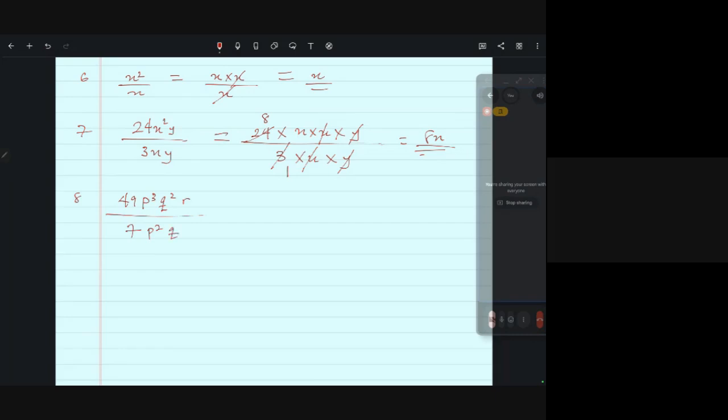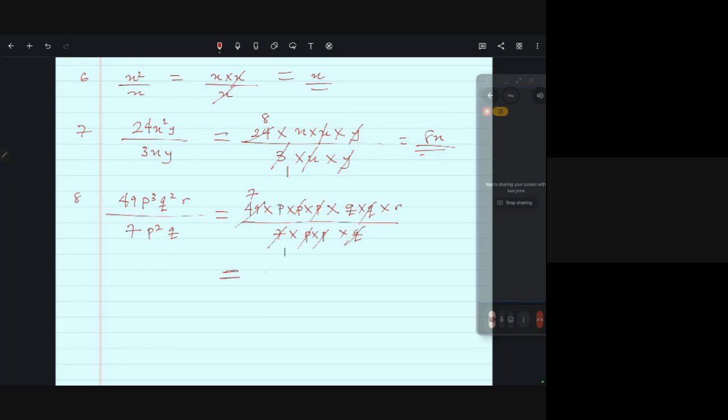Now, in this case, what we do is we split 49 times p cubed, that's p times p times p, so it has to be 3. But mind you, with multiplication sign, times q squared, that's q times q, then times r, all upon 7 times p times p times q. So the letters, now bring out your sword and divide. Q cancels q, p cancels p, p cancels p. 7 here 1, 7 in 49, 7.